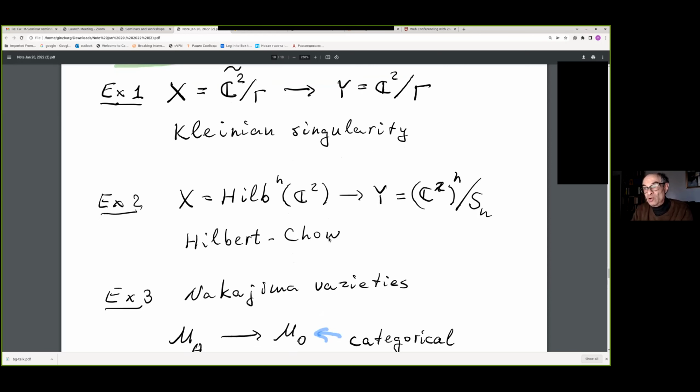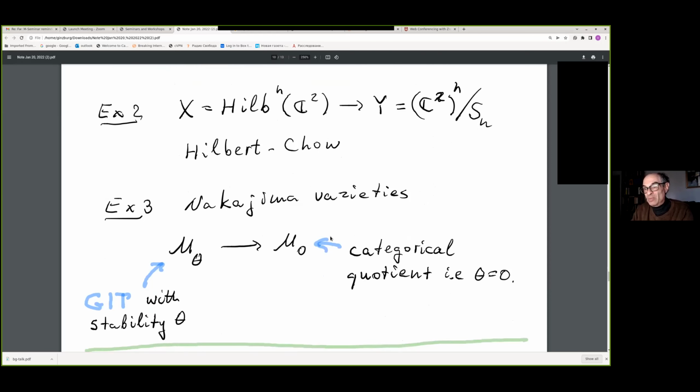And then both of these examples are covered by the very general setting, which is called Nakajima varieties. I'm not going to say anything about what it is, but Nakajima varieties are constructed in terms of quivers, and then they use some quotient, and there are two ways to take a quotient.